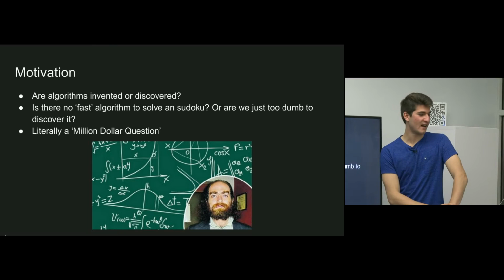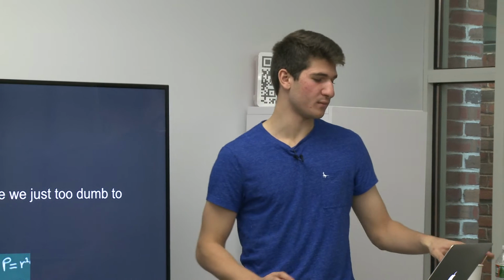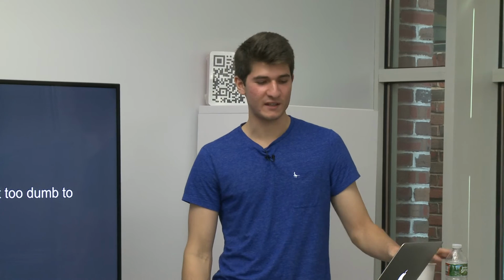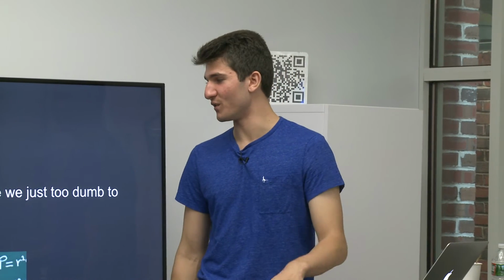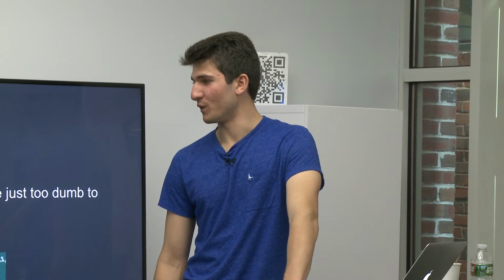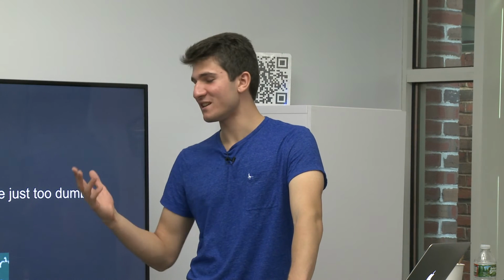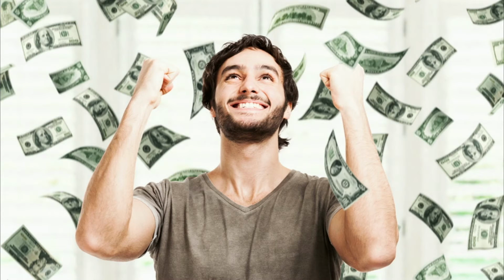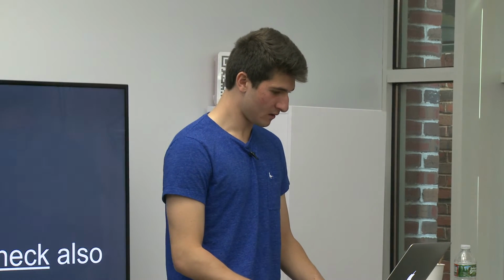It's one of the Clay Institute's Millennium Prize problems, which means there is $1 million for whoever can solve it and prove it one way or the other. Because what do computer scientists love more than computers? Money. And I'm hoping that a CS50 student will be the one to solve this problem one day. So I hope you can.